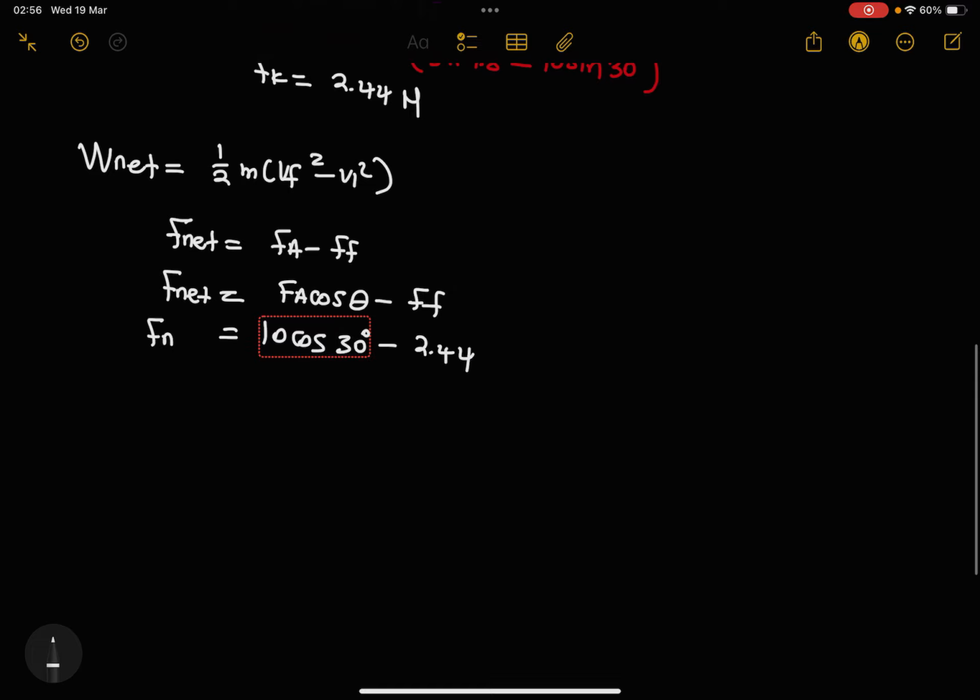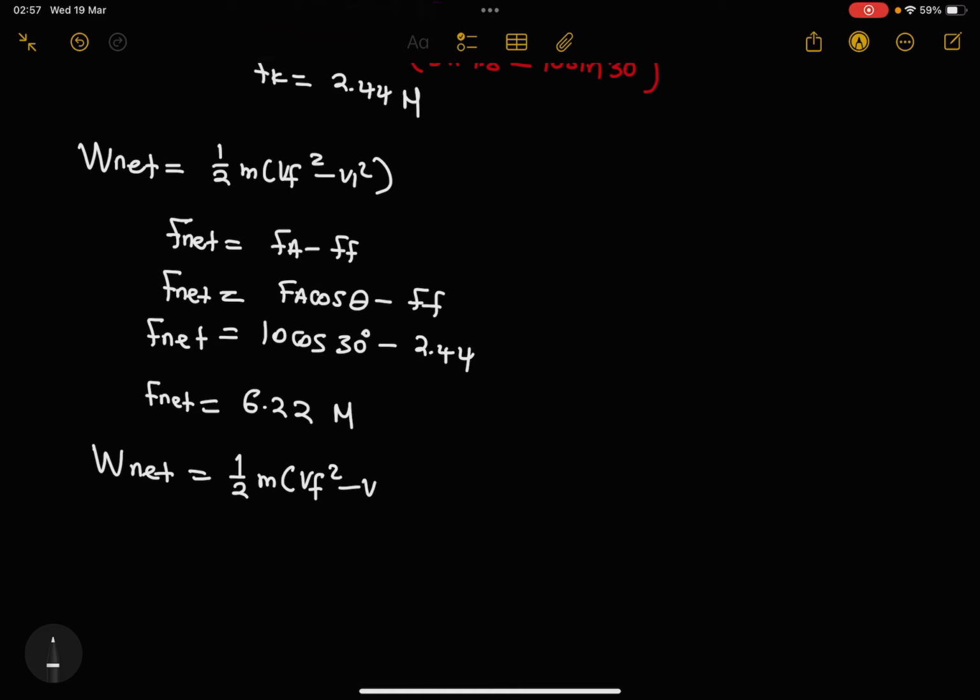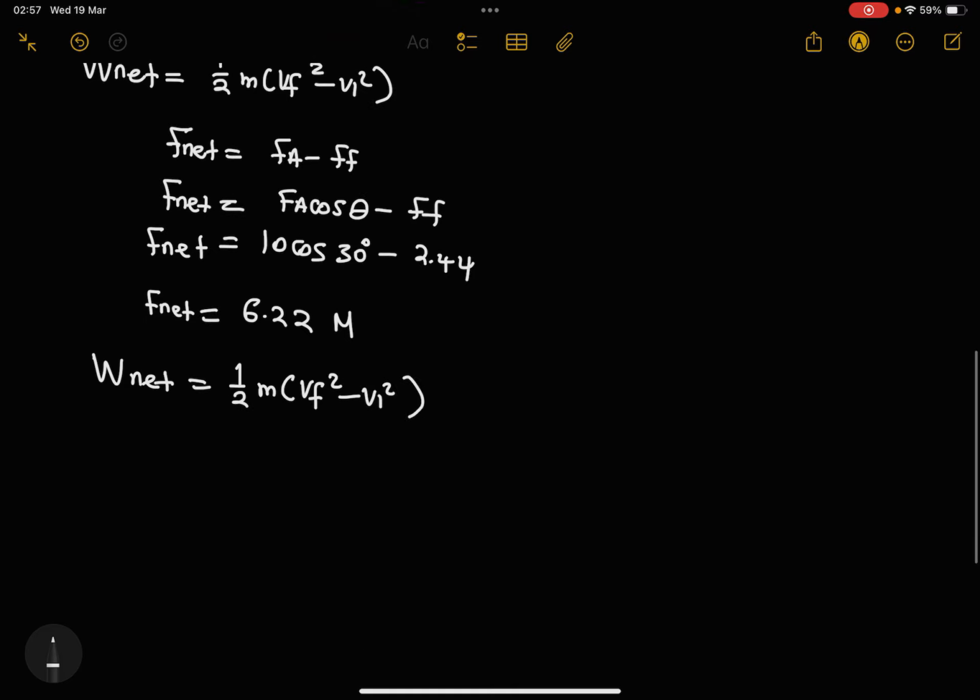So this is our F net, isn't it? So our F net is 10 cos 30 minus 2.44, which is actually 6.22 newtons, right? So now we're just going to say work net equals 1 over 2m times V final squared minus V initial squared.